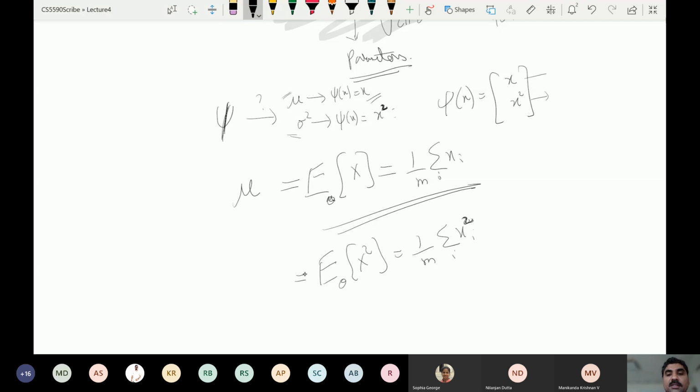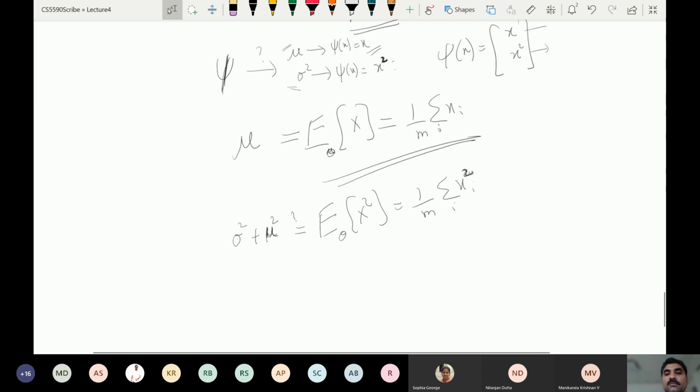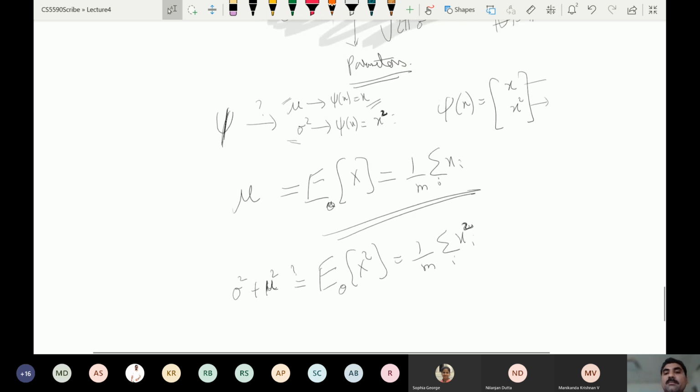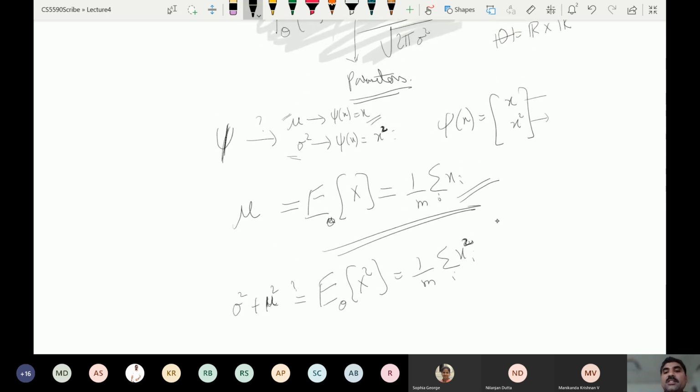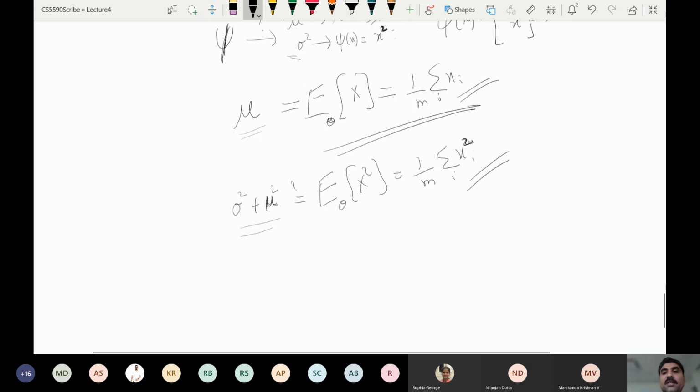So this will be sigma square plus mu square, right? Given my data, I can always compute the average value and the average of the squares. Now given these two, I can always find mu and sigma square from this formula, right?